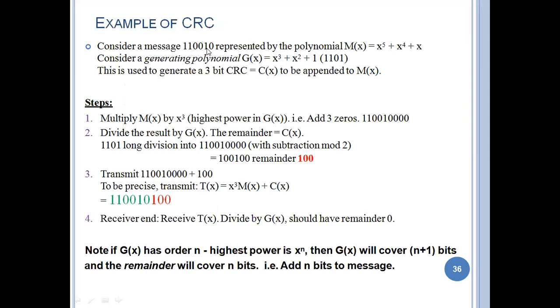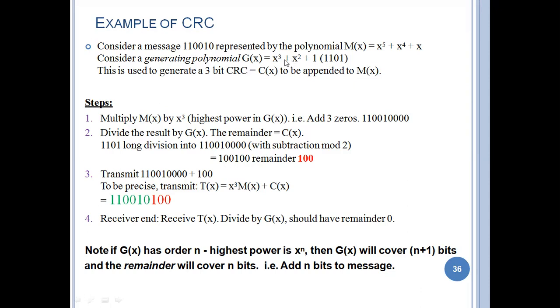Take 111010, that means 1, 2, 3, 4, 5, 6 bits. So m of x is equal to x power 5 plus x power 4 plus x. Consider the generating polynomial x cube plus x square plus 1, that is 1101.